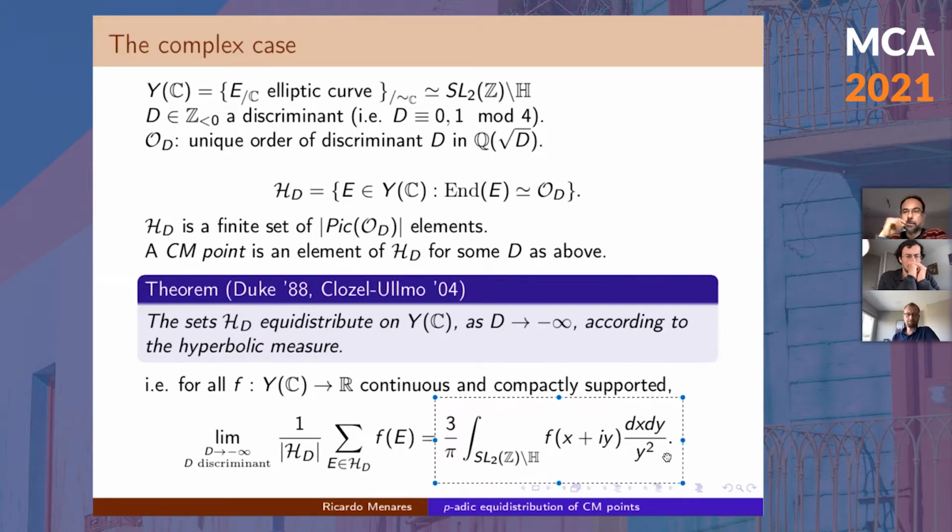This is the hyperbolic measure. And this factor 3 over pi is here just to normalize it, to make it a probability measure. Okay, so that's the classic result.